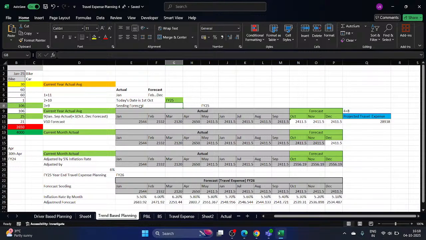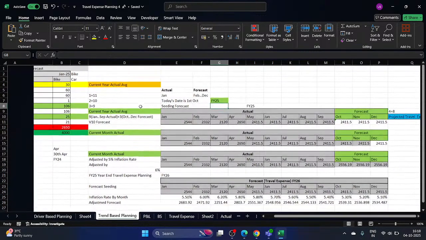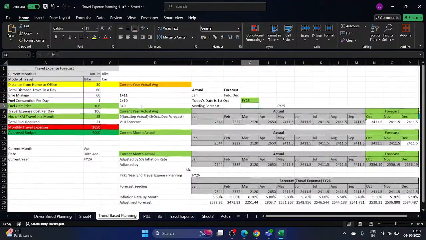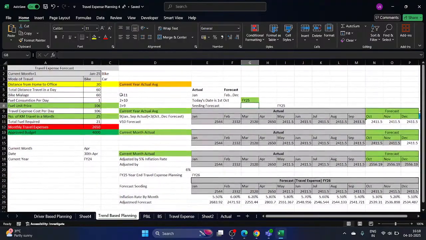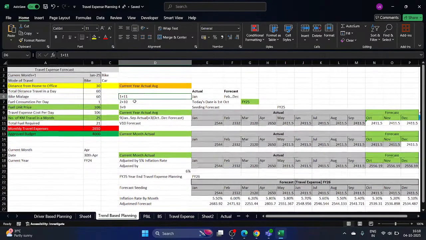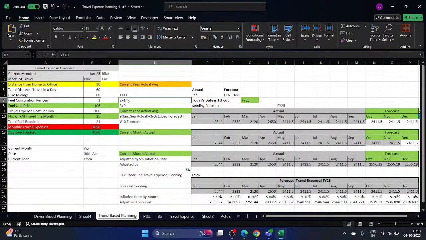We could do so on the basis of this, like 2 months of actual and 10 months of forecast, 3 months of actual and 9 months of forecast. Generally it's quite difficult when we have to find 11 months of forecast and 1 month of actual.